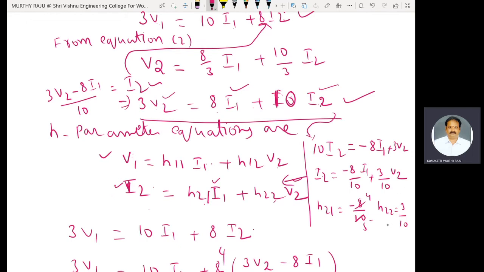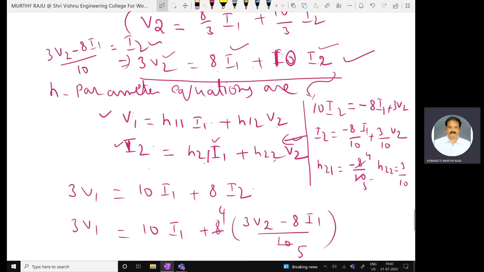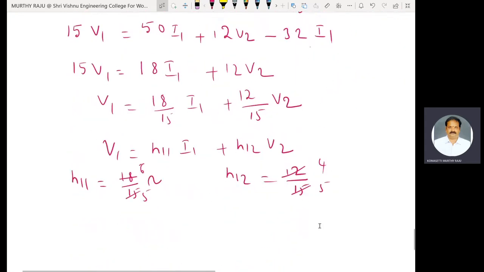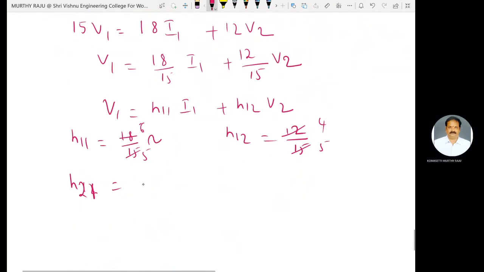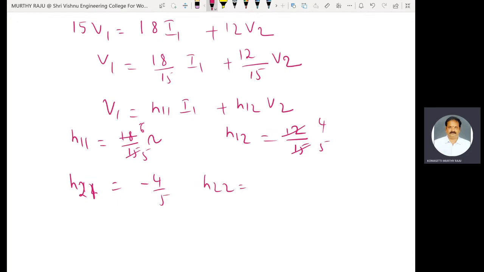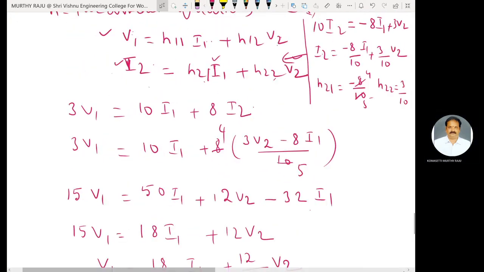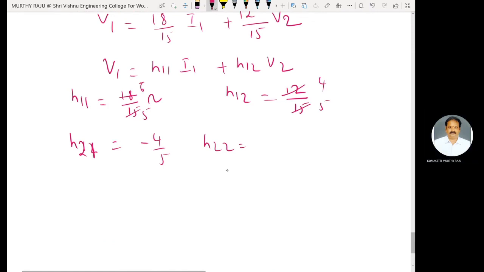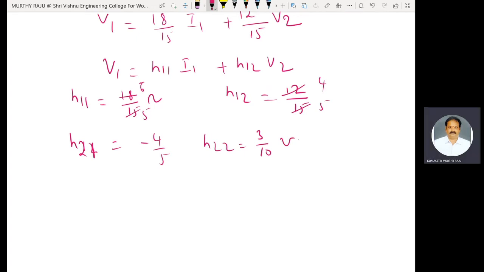H22 is equal to 3 by 10 mho. Therefore, the H parameters are H11 is 18 by 15 ohms, H12 is 4 by 5, H21 is minus 4 by 5, and H22 is 3 by 10 mho. These are the H parameters.